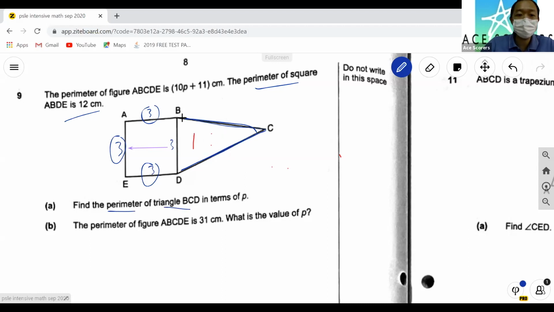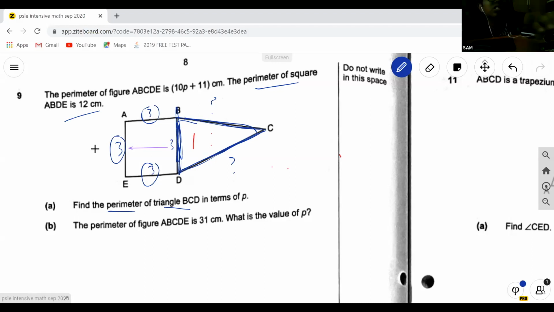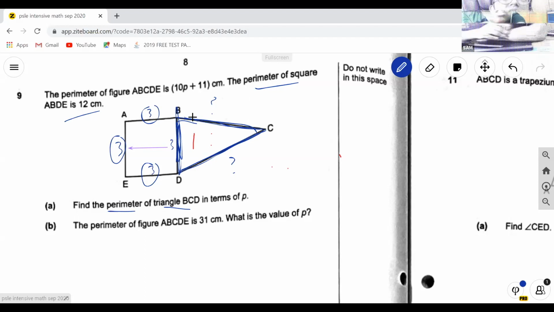So the triangle BCD is here, here, here, and here. One thing you need to do is find what this side and this side are. You can take ABCDE minus this 3 to find these two sides, then you add another 3.